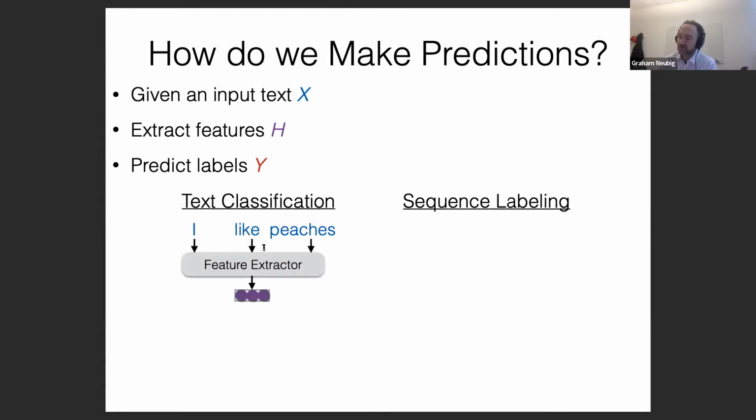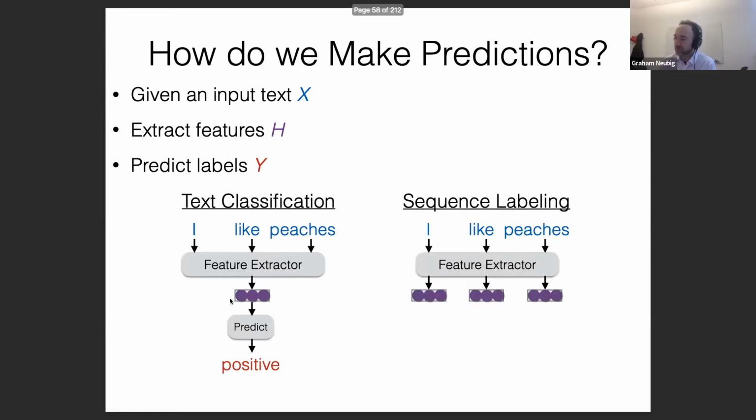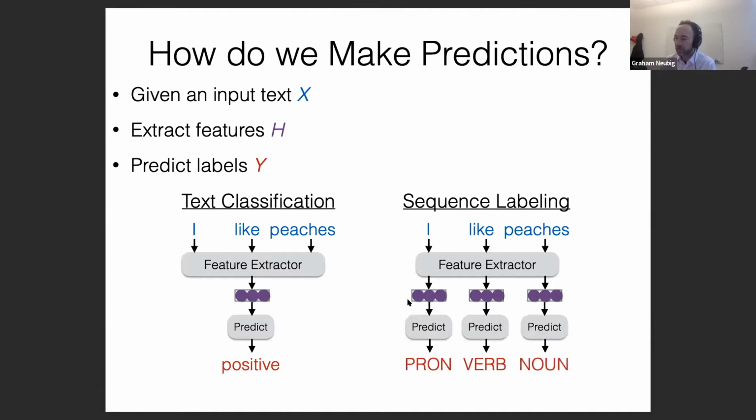We have some sort of feature extractor that extracts a whole bunch of features from the whole sequence into a single vector, and then given that single vector, we make a prediction. For sequence labeling, we have a feature extractor that extracts one vector of features for each word in the input, and then we make a prediction from this.